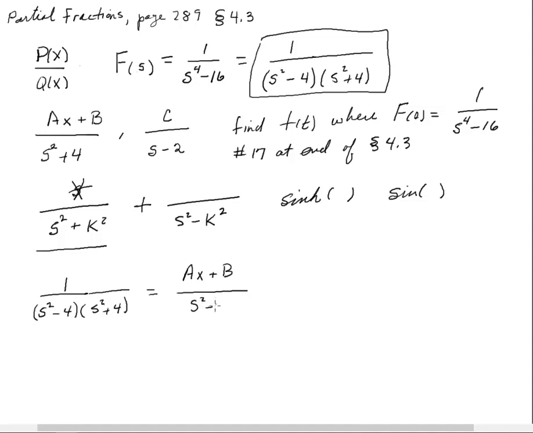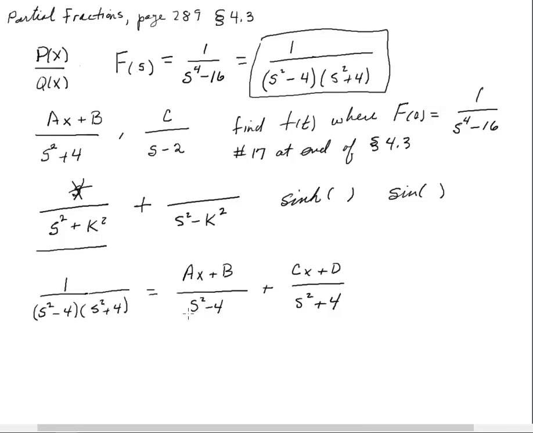Now, if I can determine a, b, c, and d, then I've written this as a sum of partial fractions, and that's going to be our goal for the next few minutes.